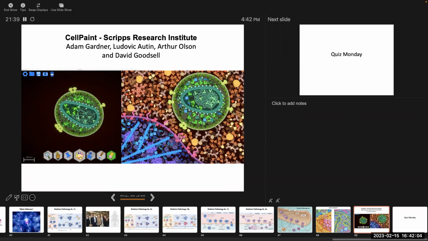So you get little brushes that let you choose like a cell membrane brush or a protein brush, or here's some actin filaments inside of a cell. There's an actin filament brush, and you can just kind of paint, make a little virus for yourself or make a little cell. All of the kind of orange and brown things are proteins that would be found in blood plasma.